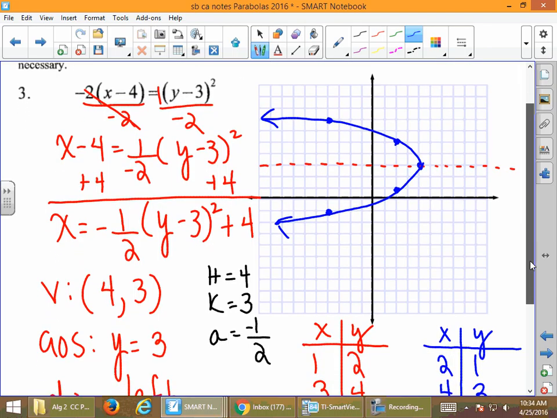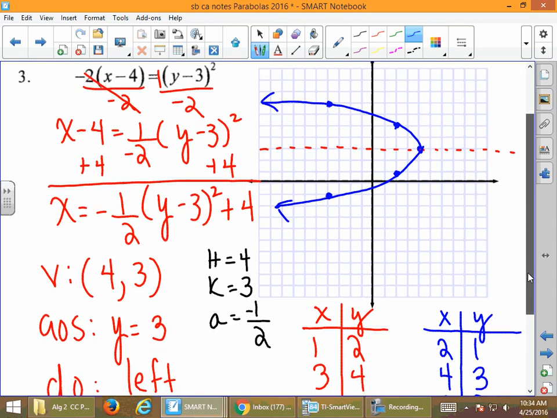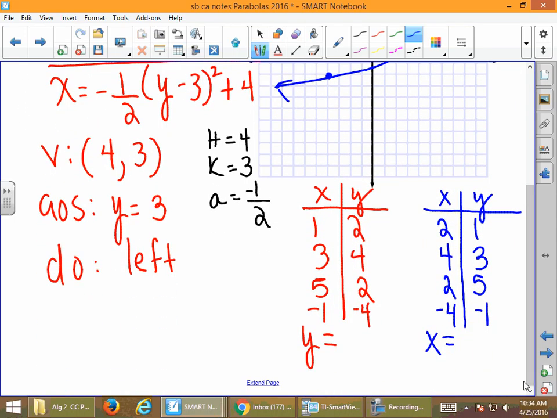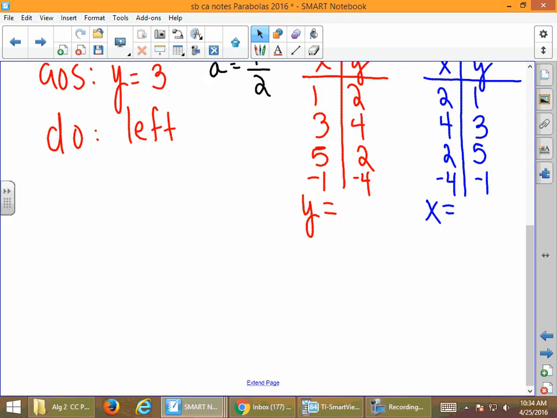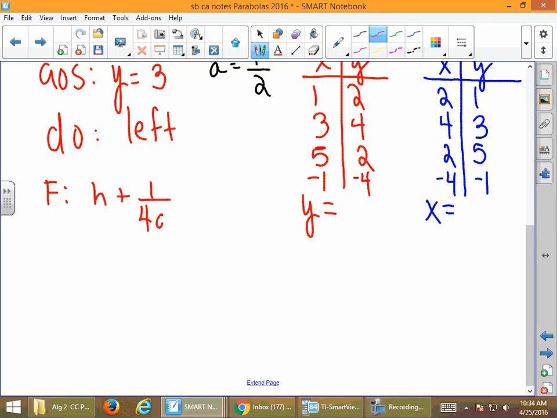We want to figure out what the focus is, what the directrix is, what the LLR is. And so, again, I ask you to look back at your chart. Our formula for the focus is h plus 1 divided by 4 times a. I'm just reading it straight off your chart. We already identified what h equals. It equals 4.